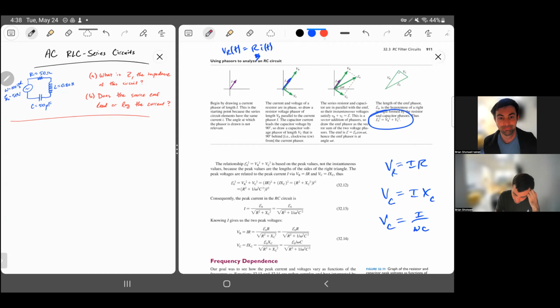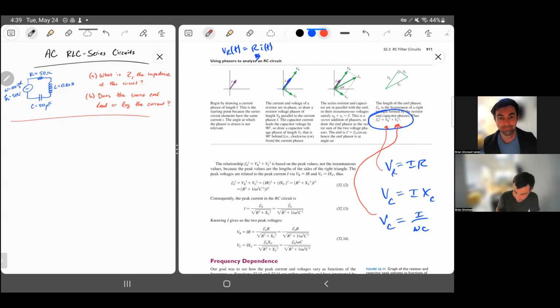So we're going to plug these two quantities into this formula right here to relate the peak voltage of the source, E naught, with some of the other quantities in the problem. So the current we don't know, but we do know the resistance, the capacitance, and the source frequency, omega. So if you plug those in, you get this formula.